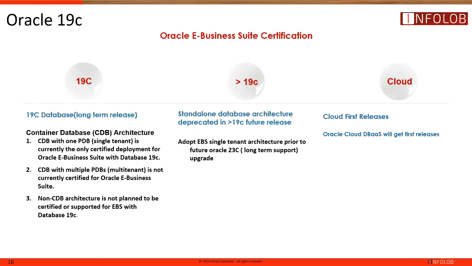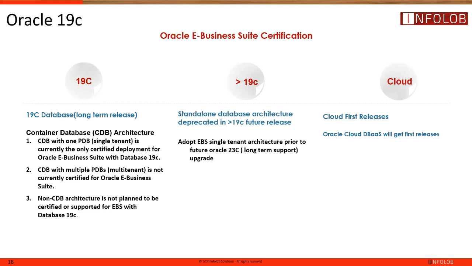19C is going to be a cloud-first release, and on-prem releases are going to follow with a delay of two quarters. Cloud is the first release for 19C going forward. Starting with 20 or 21C, Oracle is going to deprecate non-container architecture. So along with 19C, the most recommended approach is to use multi-tenancy.